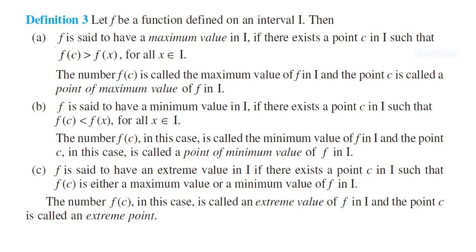Let f be a function defined on an interval I. Then f is said to have a maximum value in I if there exists a point C in I such that f of C is greater than or equal to f of x for all x in I. So f of C will be the highest of the values of the function in that particular interval.